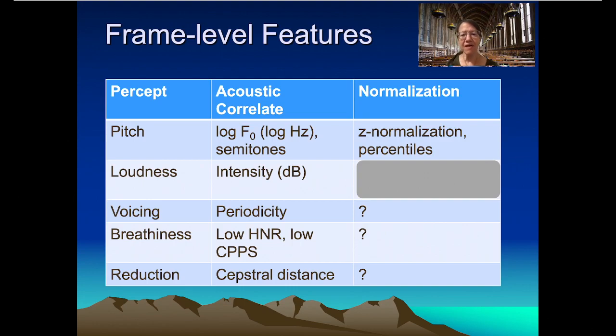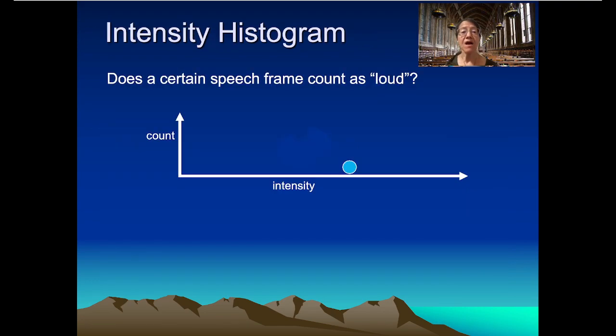However, loudness is much more problematic in terms of this sort of normalization. So if we ask the same sort of question that we start out with pitch, so we have a value of intensity, is that loud?